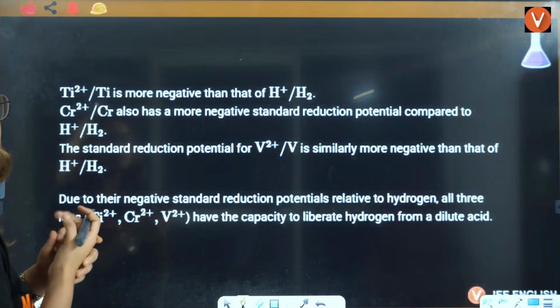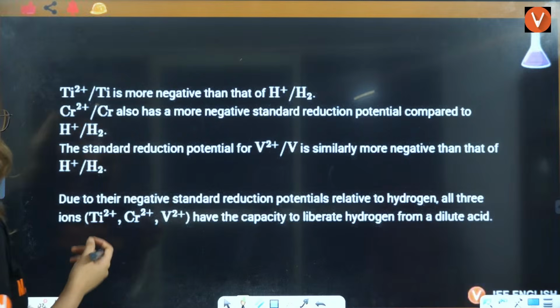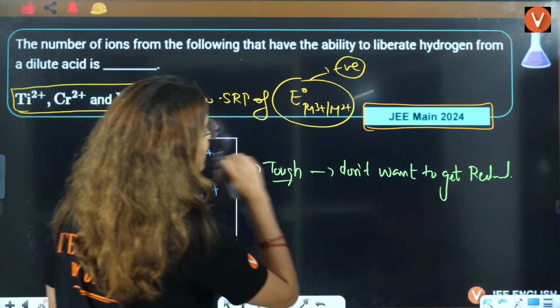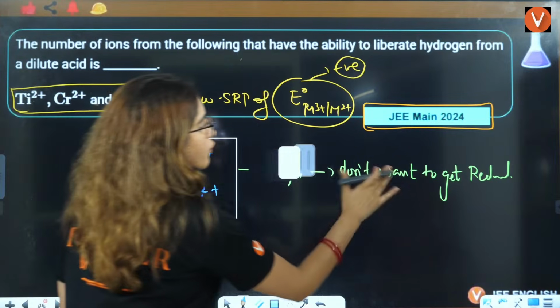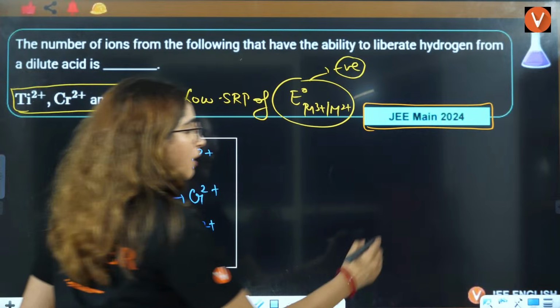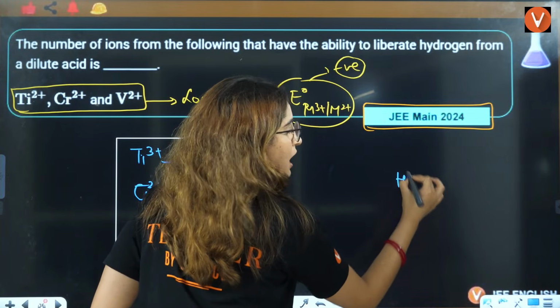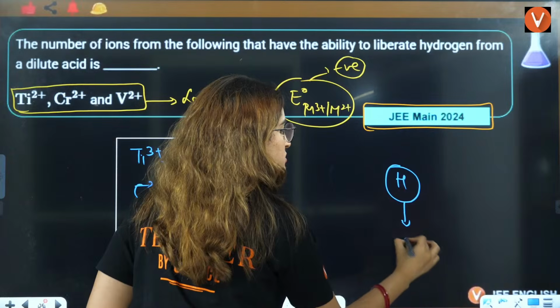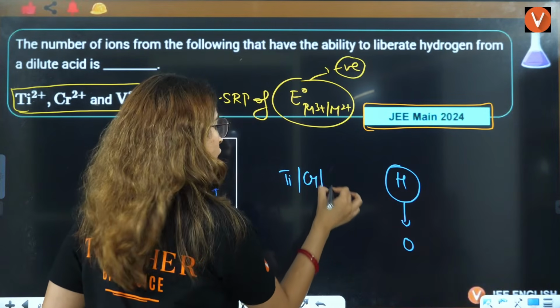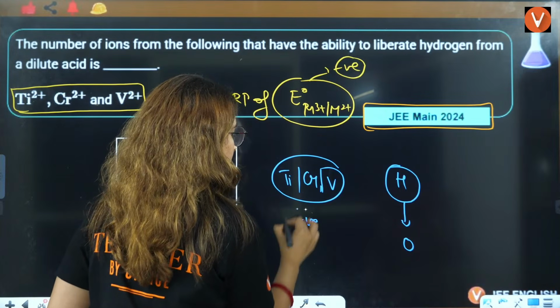Hydrogen electrode potential is 0, and for titanium, chromium or vanadium, it's negative.